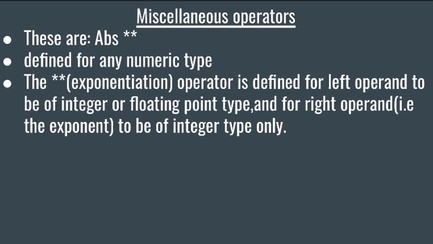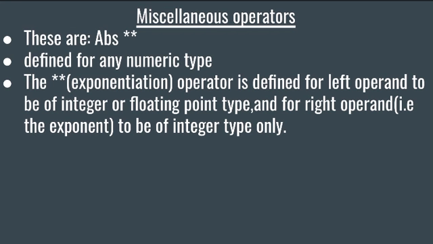Our next topic will be our last topic, miscellaneous operators. These are ABS and the double asterisk. ABS is an absolute operator, defined for any numeric type. I have also given some description for this operator.